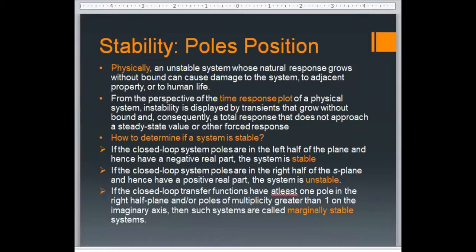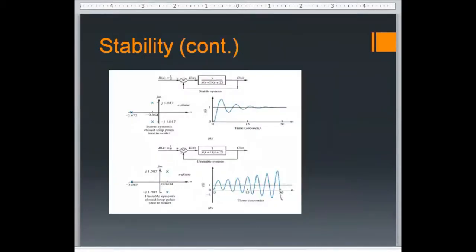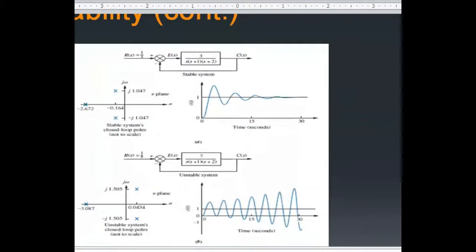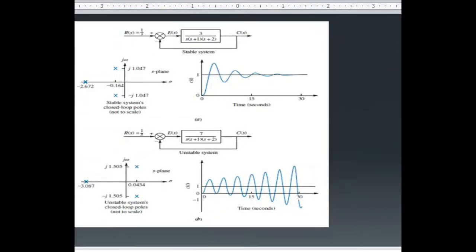So next, moving forward, this may further explain it. For example, you have this closed loop or feedback system. You solve for it and you get the poles here. You have one pole at -2.672, which is a real pole.